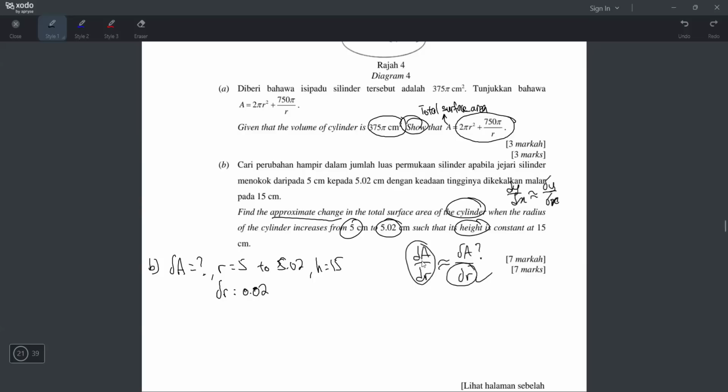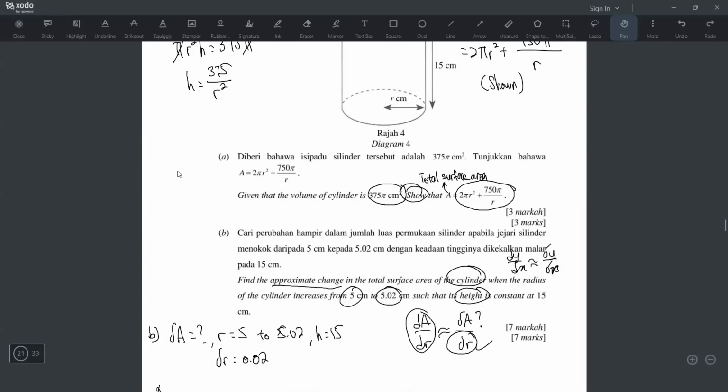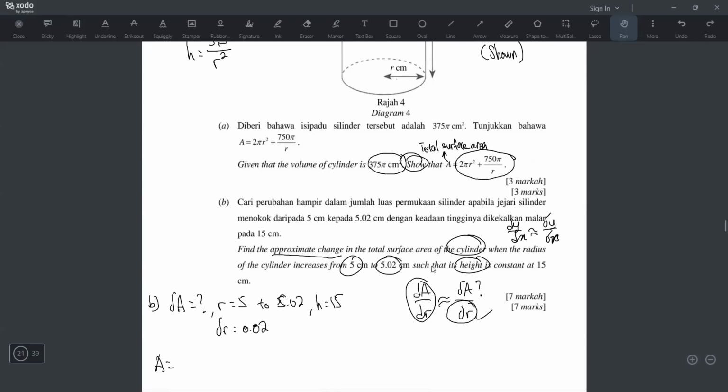Tapi untuk cari dA dr, you kena differentiate A in terms of R punya equation. And you already have the A in terms of R equation is here. Okay, wait. If I terus differentiate this, okay, boleh jugalah. Tapi if you differentiate this, what you get? Okay, then what's the use of this H15?